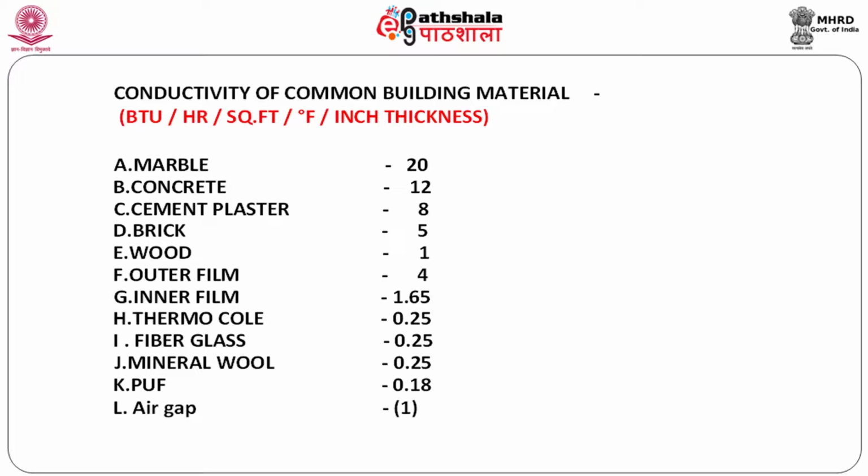For the same thickness, concrete will conduct less. For the same thickness, cement plaster will be less, brick will be less, and of course, the lowest will be things like polyurethane foam, where the value is just about 0.18, maybe about 100 times lower than that of marble. Now, that is as far as the fabric heat gain is concerned.